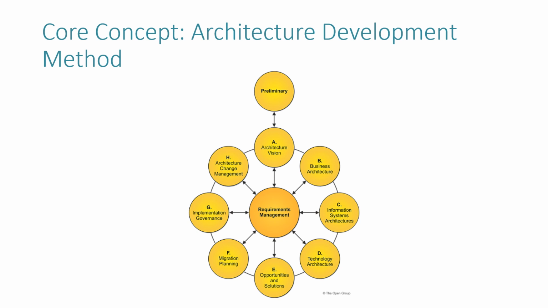Requirements management operates the process of managing architecture requirements throughout the ADM. In all these phases, we will be collecting architecture-related requirements, so requirements management works in parallel with all these phases.